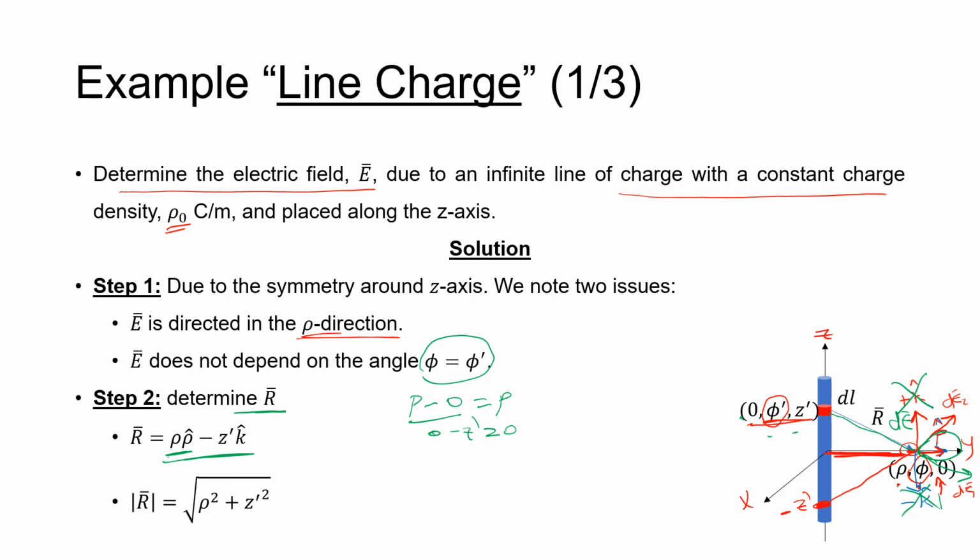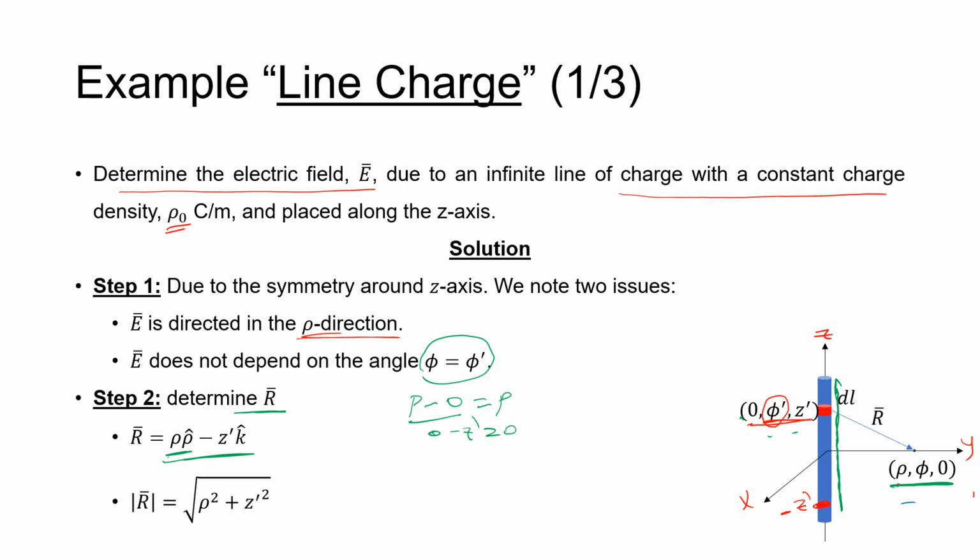And this is very important when we go to the integration because we are integrating over the line. So this point of observation here is not changing during the calculation. What changes is our movement on the z-axis, for example, in this specific example.